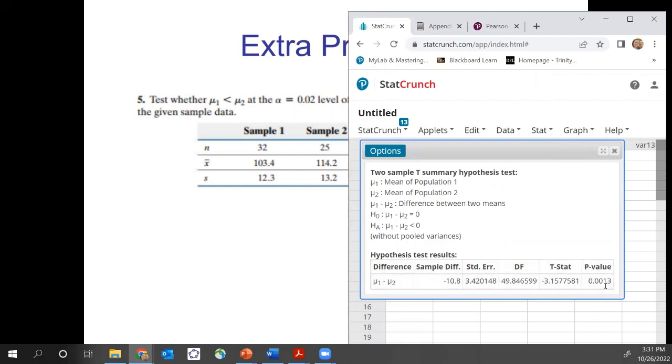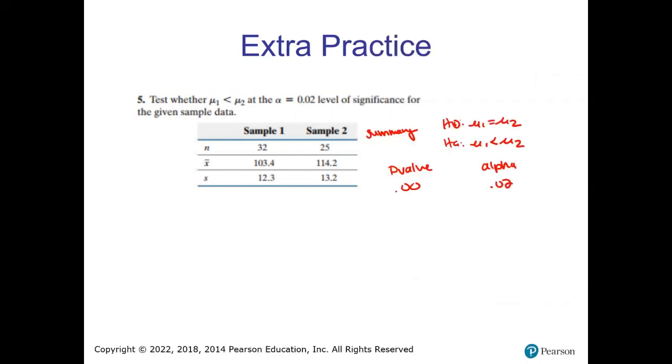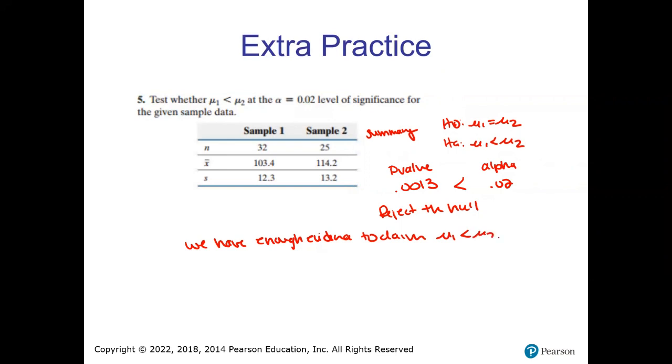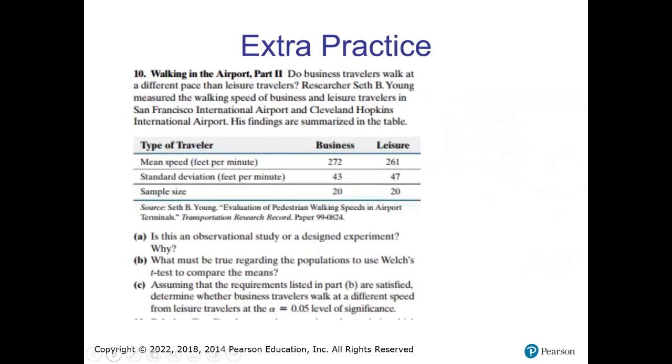For the p-value, 0.0013. That is less than alpha, so we are going to reject the null. And we have enough evidence to claim mu1 is less than mu2.